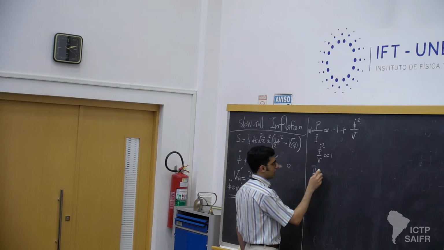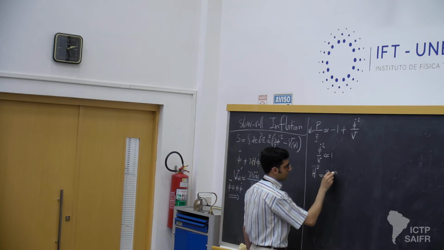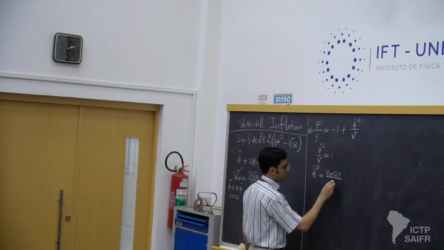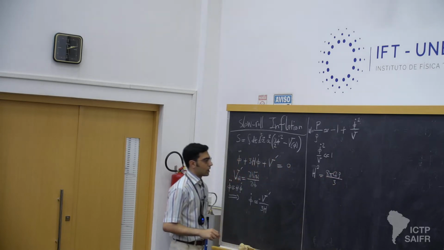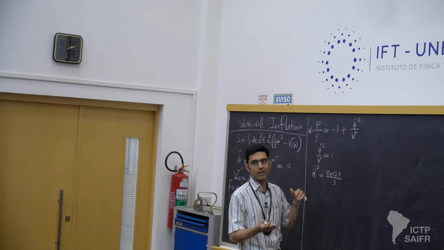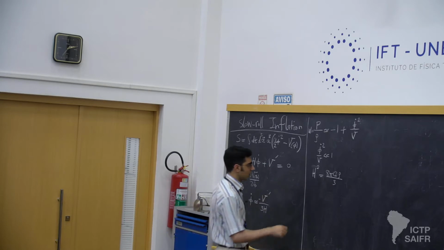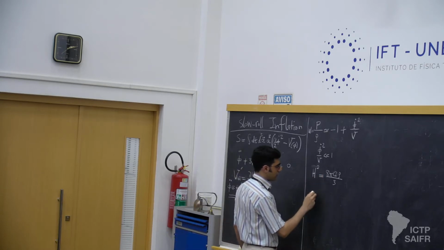Another way of seeing it is that if I look at the Friedmann equation, from the Friedmann equation we can go to another Friedmann equation, which is given by taking the time derivative of this. And if we do that, we can find an expression for H dot.